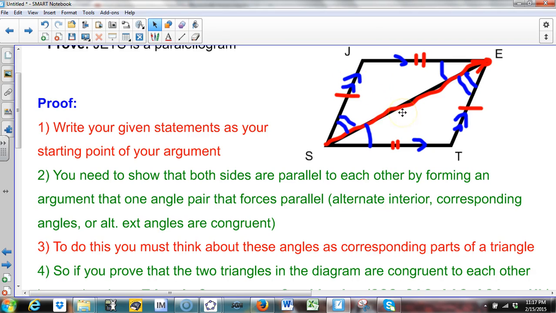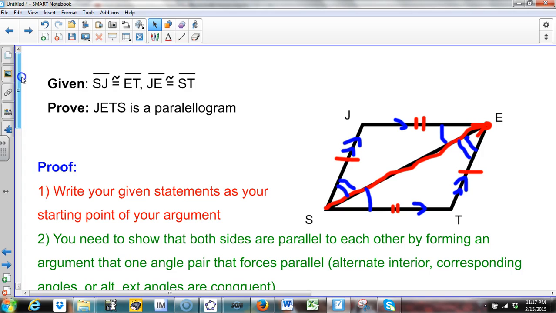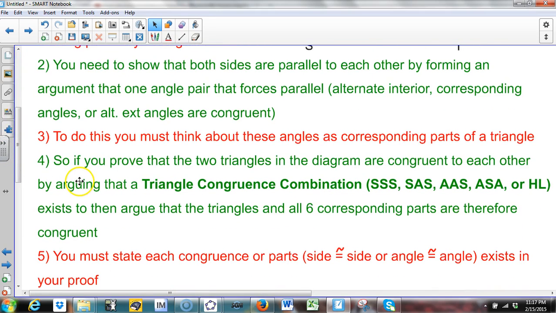So our argument has to start by taking what we know from the given and using that plus extra facts in the picture, right? If they share something, or some kind of property that we know has to be true, we can state that in our proof, right? So that we can build some kind of triangle congruence. So that's the next part here.